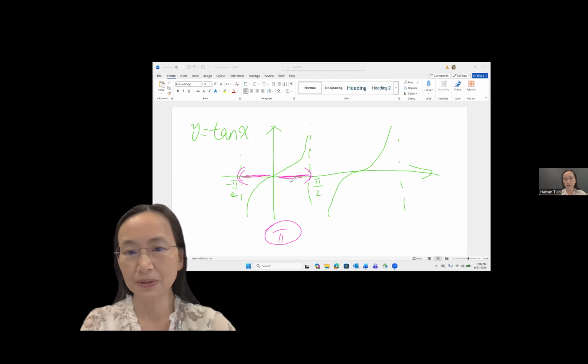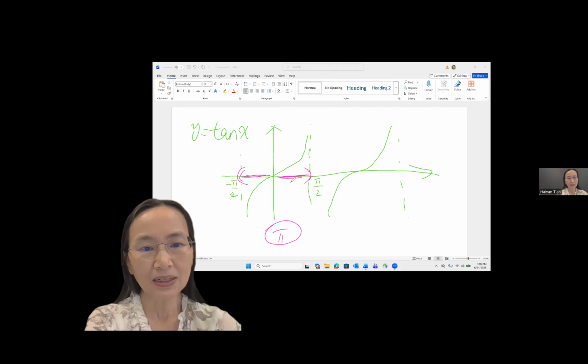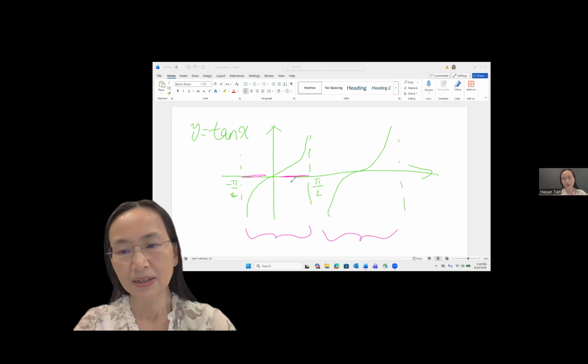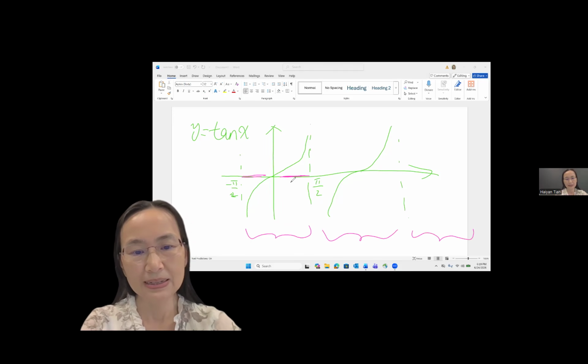That is the period, because for each interval of length pi, the tangent function will repeat. You see the pattern will repeat itself. So this is one period and another period. Each interval has a length pi.